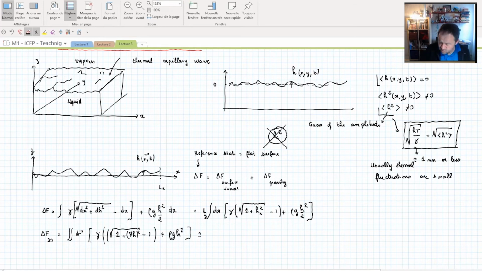And well, if we assume that the slopes are small, we'll simply say that this is more or less the sum of the surface times gamma over 2 delta h squared, plus 1 over 2 rho g delta h squared, and then plus a constant term that I can neglect.